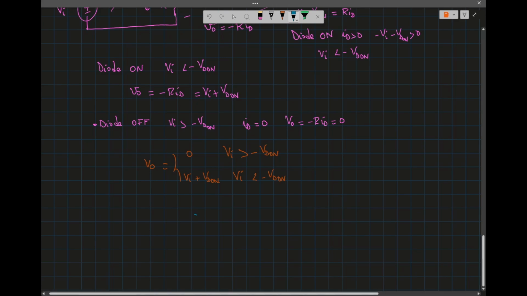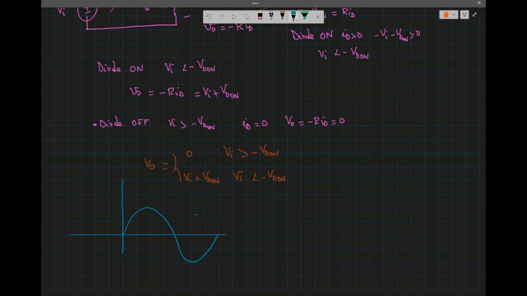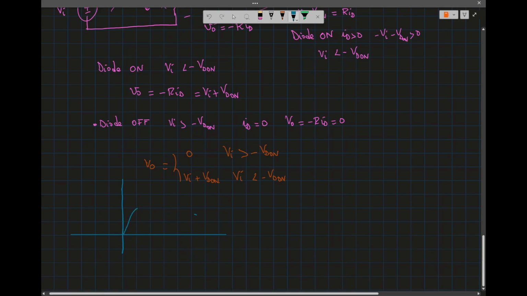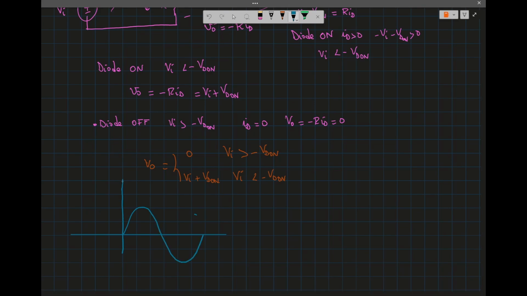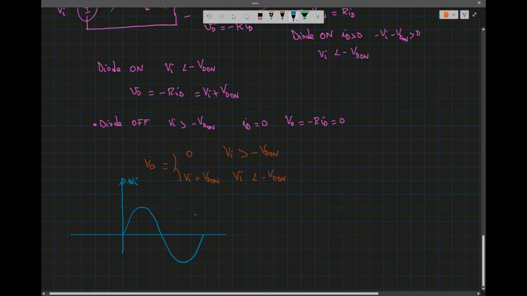we have this. So let's sketch the output and the input in the same plot. Okay, so the bottom piece doesn't look too good, so maybe something like this, that's better. So this is V_I and this is time. So we sketch it over one period.